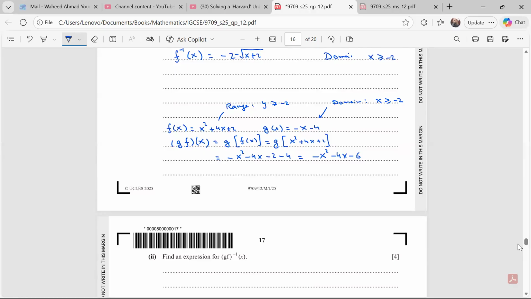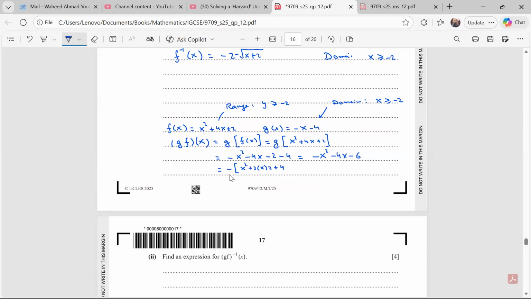Okay, now this function can be written in this form: negative, x squared plus 4x, I will write it as 2 times x times 2. And then I have to add plus 4, so it is basically -6.